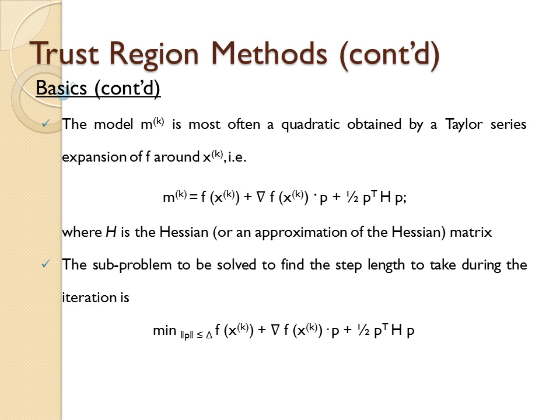The subproblem to be solved to find the step length to take during the iteration is given by: minimize, subject to norm of p less than or equal to delta, the step length, f of xk plus gradient of f of xk dot p plus half of p transpose Hp. The iteration step is given by xk plus 1 equals xk plus pk.